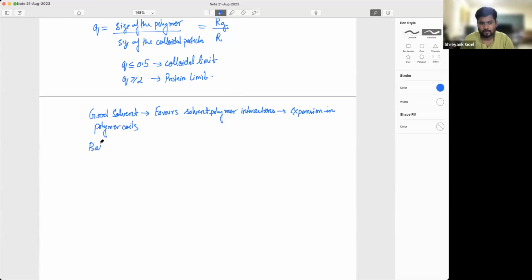And bad solvents are those where polymer self-interaction is favorable compared to the polymer-solvent interaction.